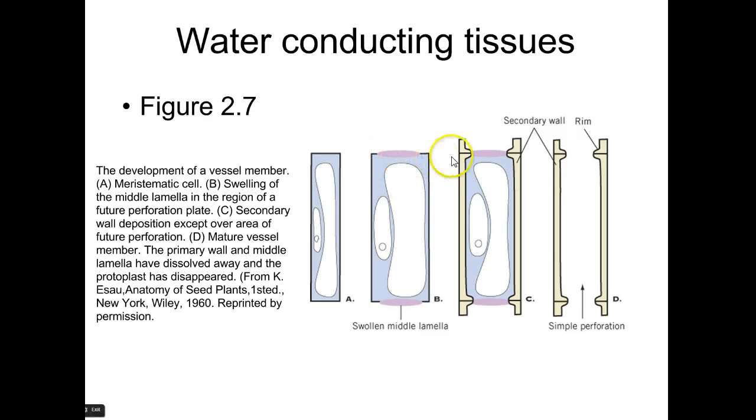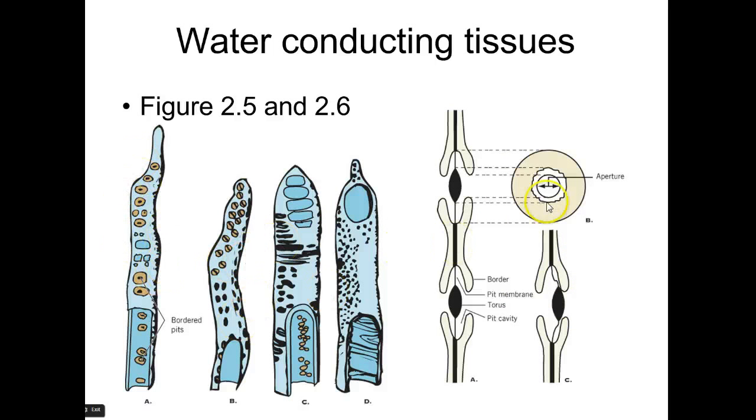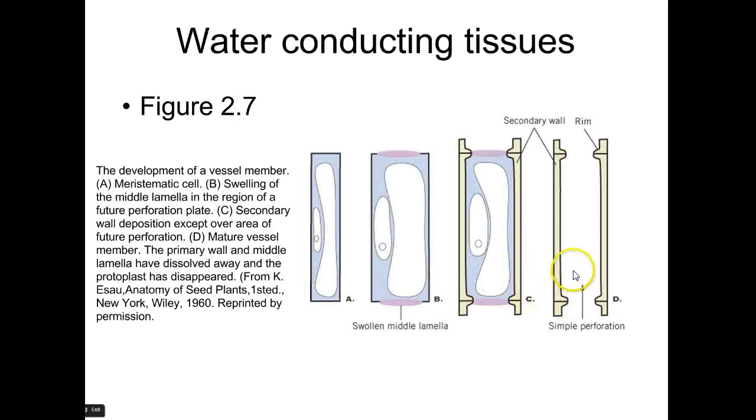It actually starts to expand a little bit as the secondary cell wall is laid down, and then the middle lamella basically goes away, and we end up with, in this case, a simple perforation, which means this cell is no more, and now we have this thing that will conduct water, which really looks like this, okay? And there are actually different kinds of these trachea and vessel elements. So it's not just a straight opening from the bottom to the top.